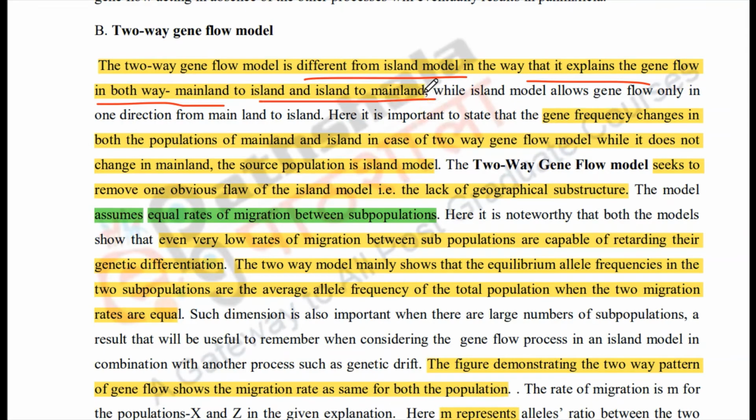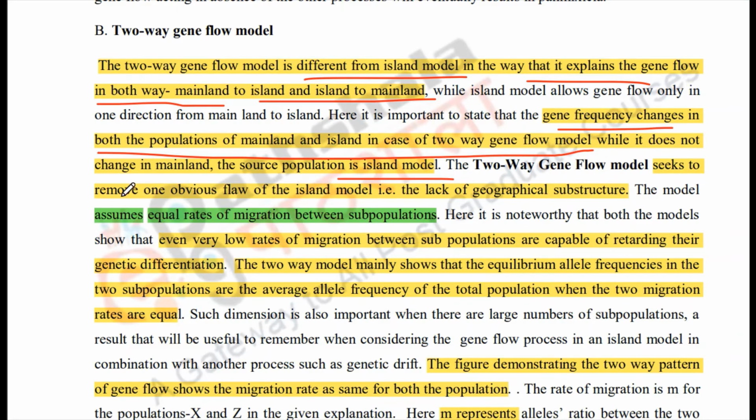So the gene is flowing both ways. It is important to state that here the gene frequency changes in the populations of both the mainland and the island in the two-way gene flow model, because earlier there was no change in the mainland's frequency, only a change in the island's frequency. So that is a difference which we are going to study in this model.